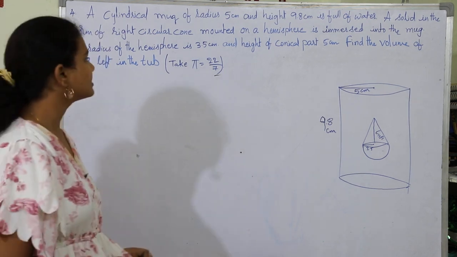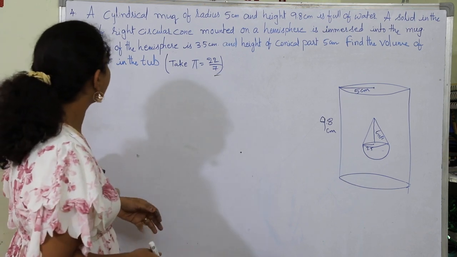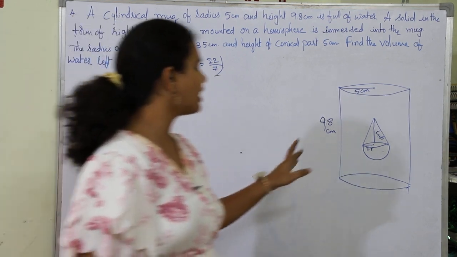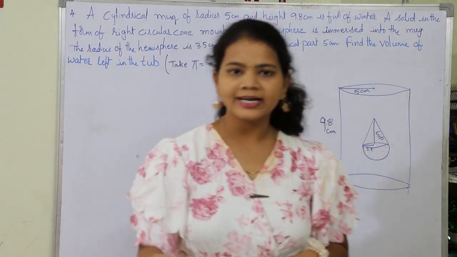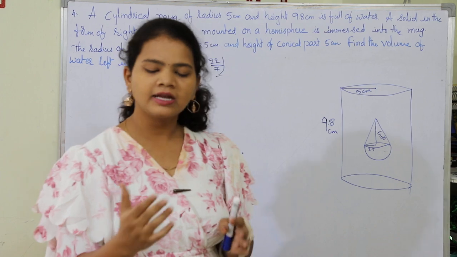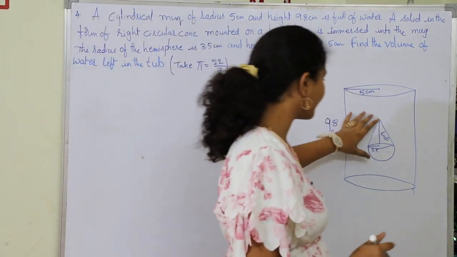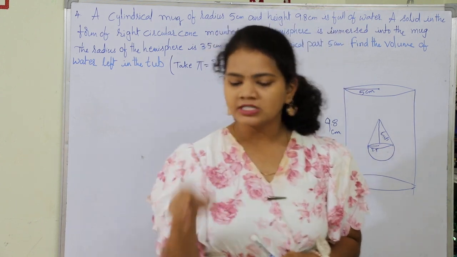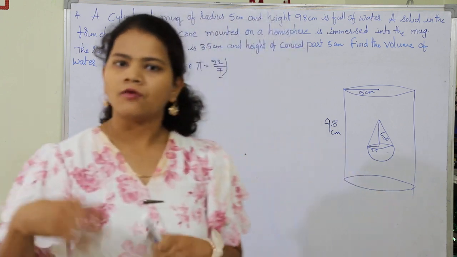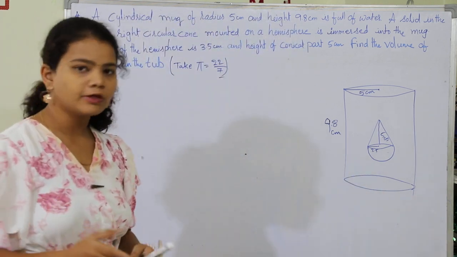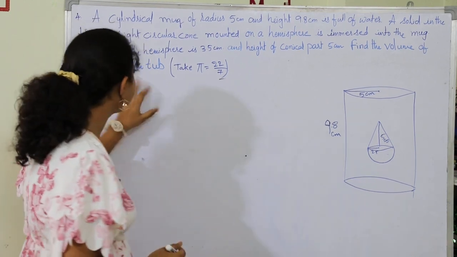Now what happens here is, I have dropped a solid into this given cylindrical mug. So when a solid is immersed into the water in this tub, a little amount of water overflows out of the tub. So then the question is, find the volume of the water left in the tub.